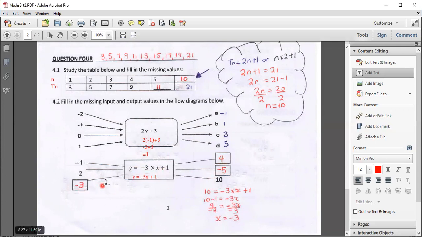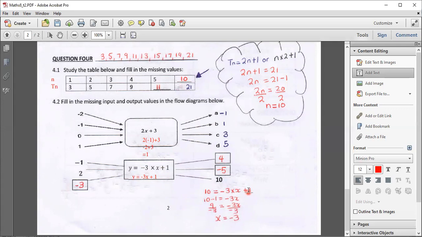And the last one: what number must x be to give you 10? So you can think about the numbers that x can be to give you 10. The answer is -3. Now we're saying that this equation here, -3 times x plus 1, is equal to 10. That means the answer is 10, so we need to find what x is. So you can solve your equation.